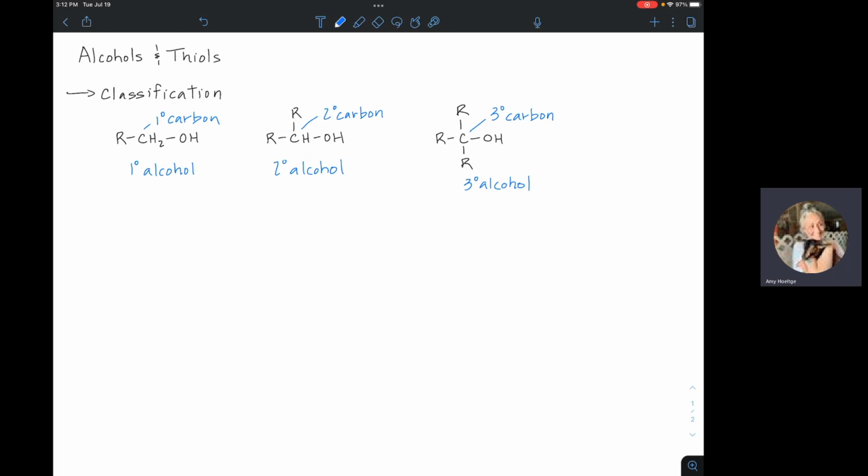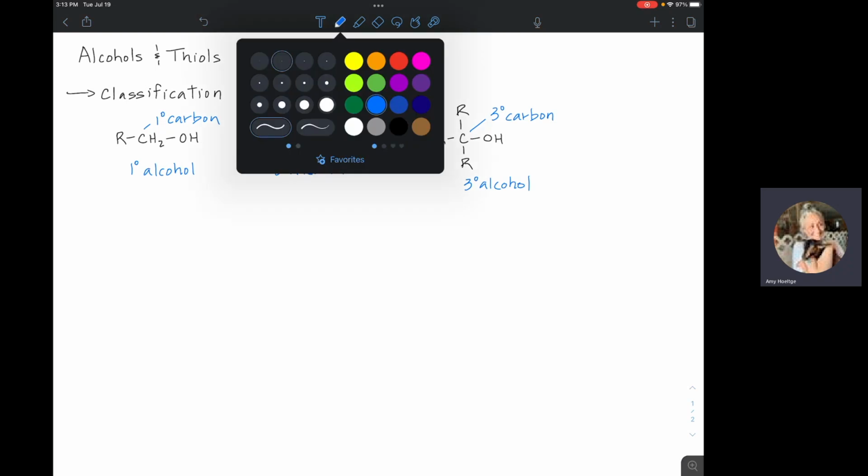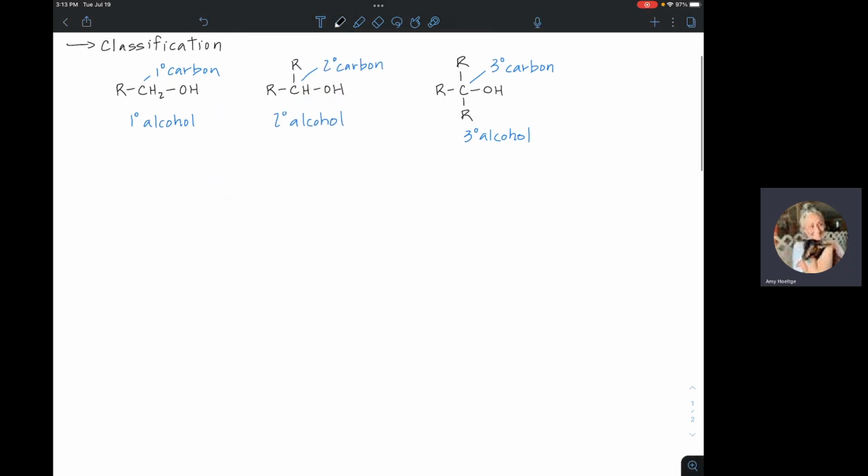The chemistry of these species is going to be different depending on the type of alcohol that you have. So before we get into that, let's talk a little bit about how we name them. So for the nomenclature, we have common nomenclature system, and we have IUPAC, or the systematic nomenclature system.